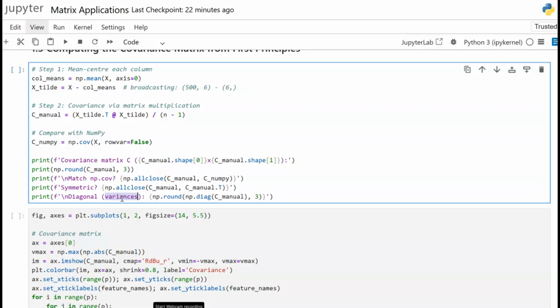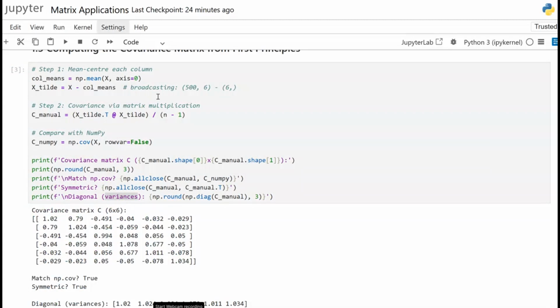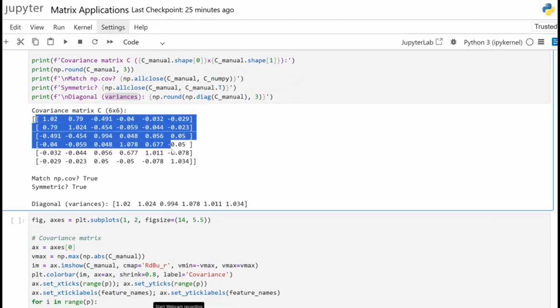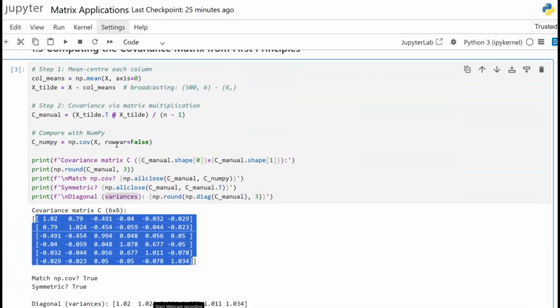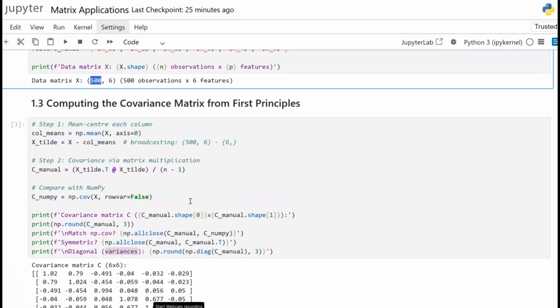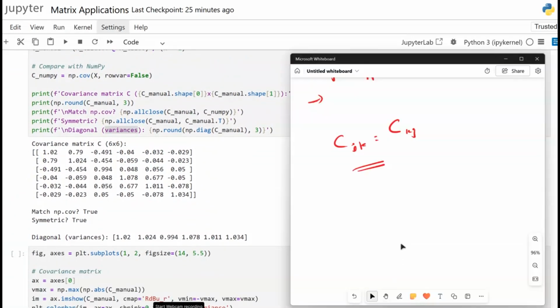Let me see how this is happening, and let me execute. Kindly see here, we have the 6 by 6 covariance matrix. It is symmetric and, as we already know, we have 500 observations, so it would be 1 by n minus 1, that is 1 by 499, times x tilde transpose multiplied by x tilde. It matches the covariance computed using NumPy.